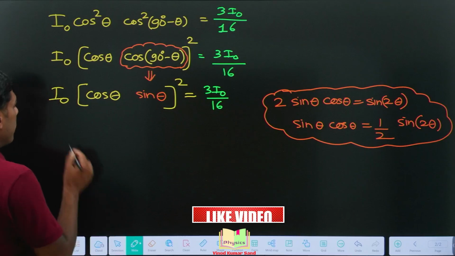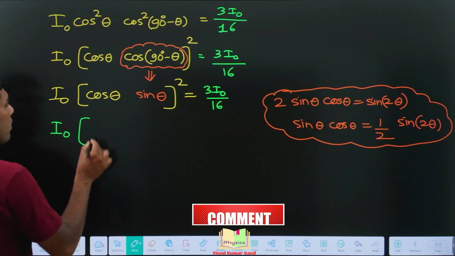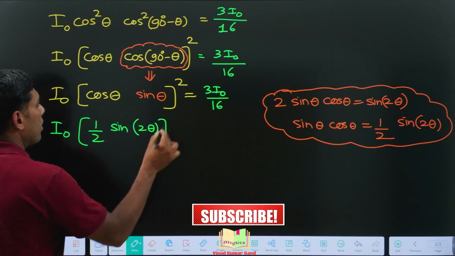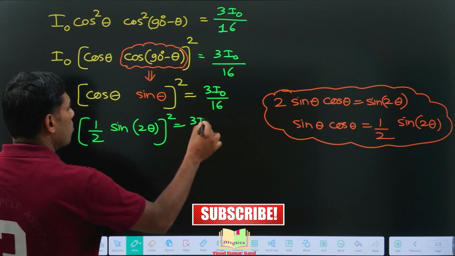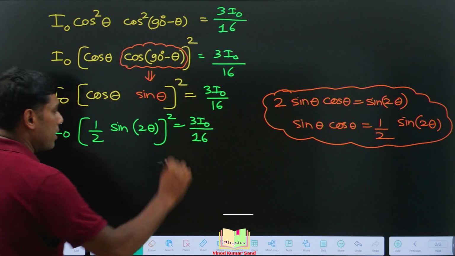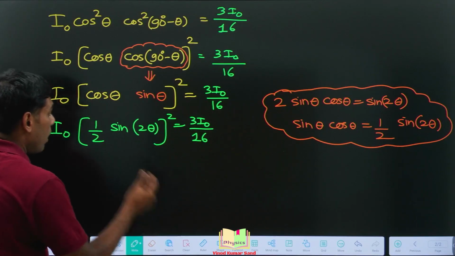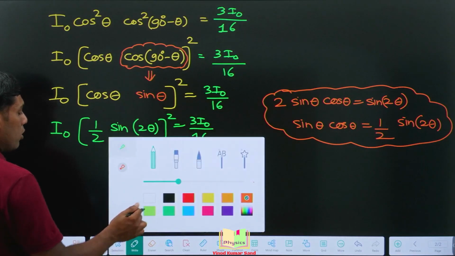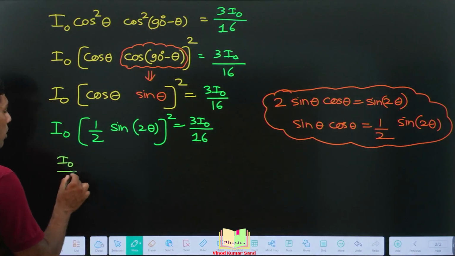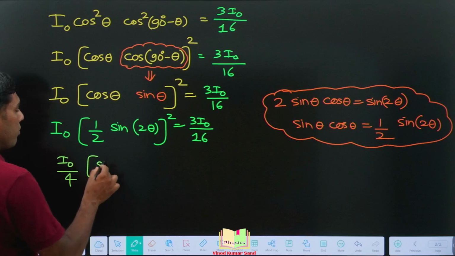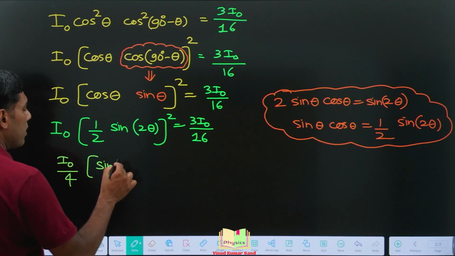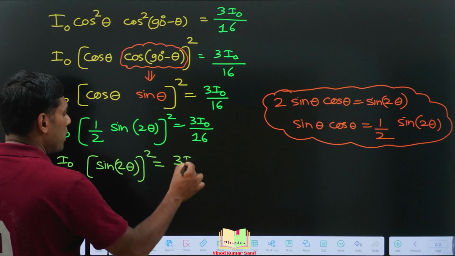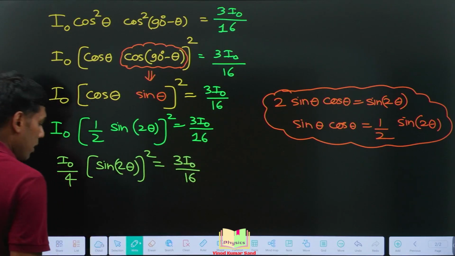Putting that here, I naught times half sin 2 theta whole square is equal to 3 I naught by 16. Done. Now this half I am taking outside since there is a square, so we can write this as I naught by 4, and here we are left with sin 2 theta whole square is equal to 3 I naught by 16.